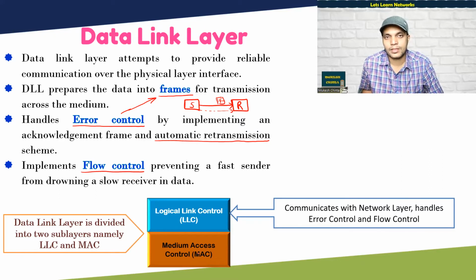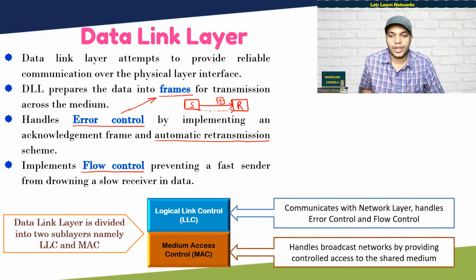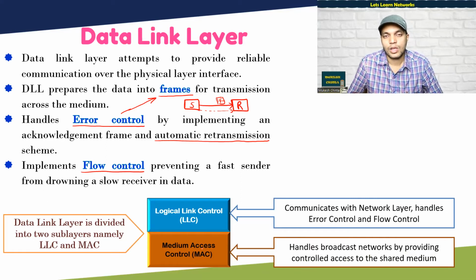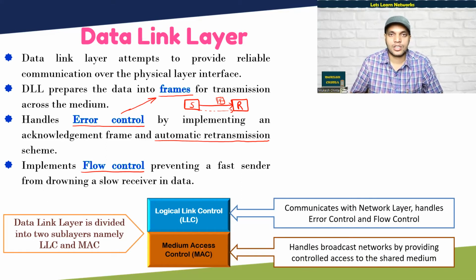Then what does medium access control do? Why are we defining a separate sublayer called MAC? This sublayer is very important in the case of broadcast networks, because, as I told you, in broadcast networks all the hosts or systems are connected to a single channel. That means a single medium is being shared among multiple machines.